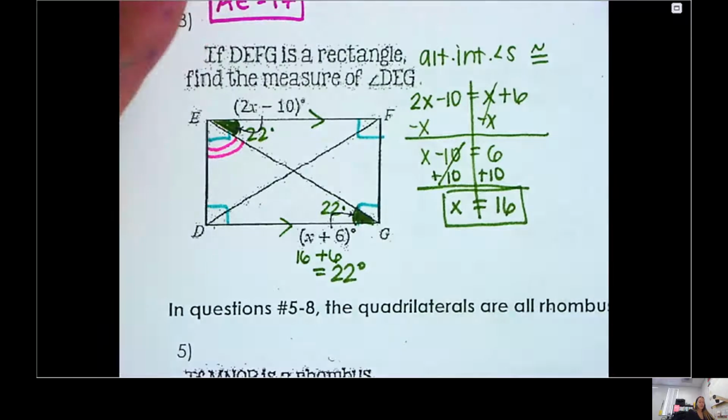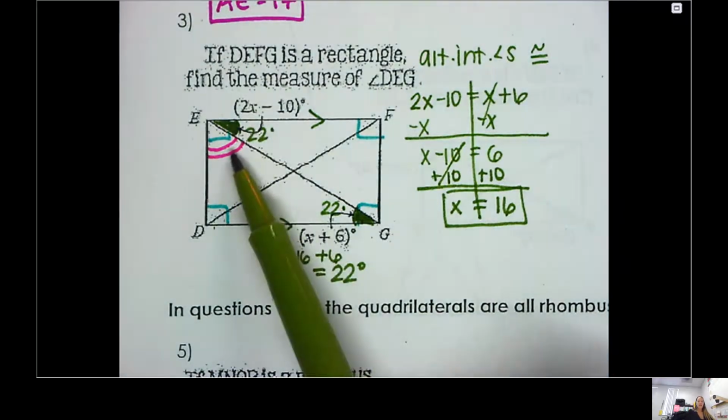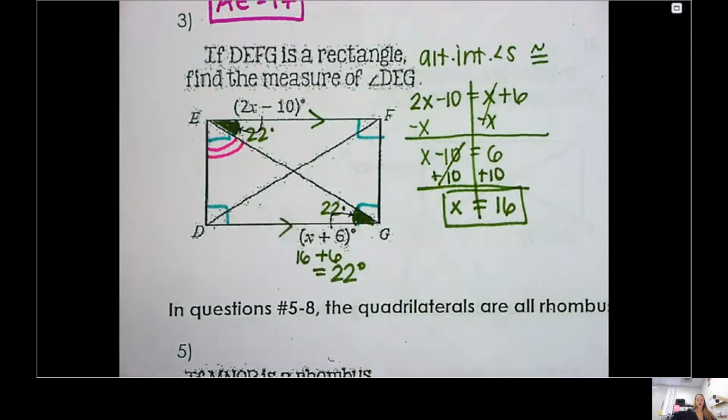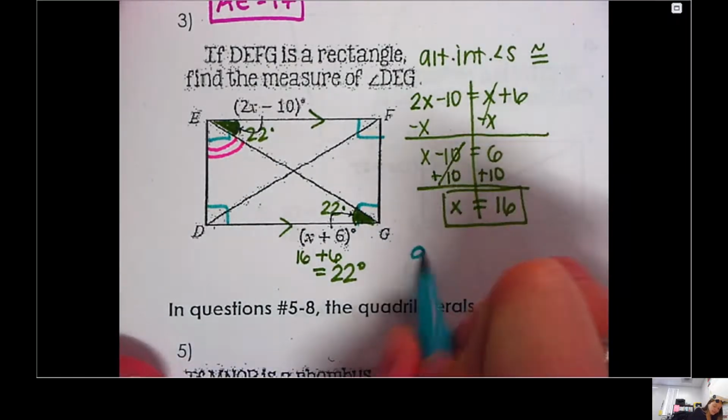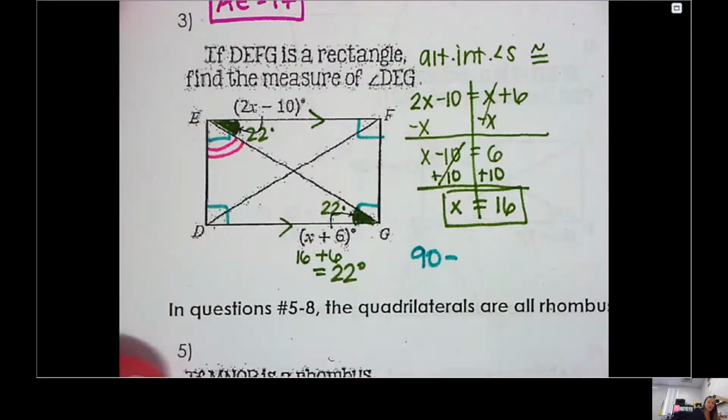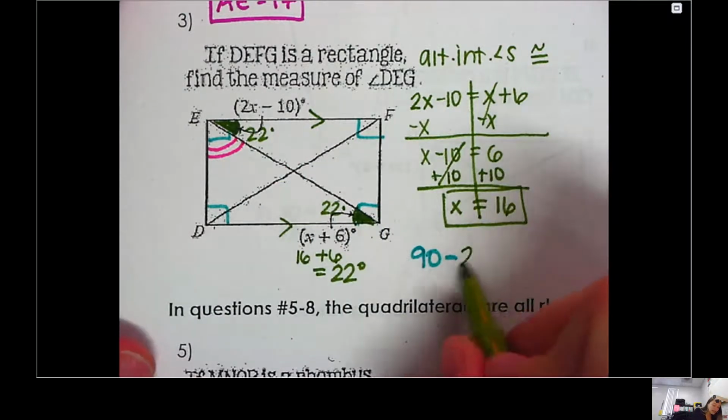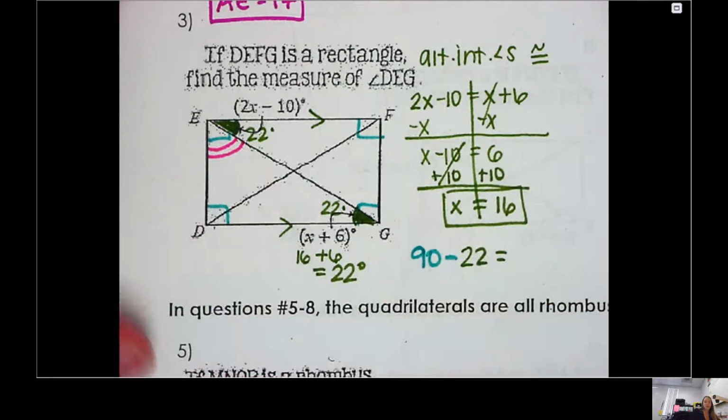I know in total, this 22 and my pink angle should add up to be 90 degrees because it's a rectangle. So if I know that this whole thing is 90, if I subtract the 22 from the 90, I should get what's left over in the pink right here.